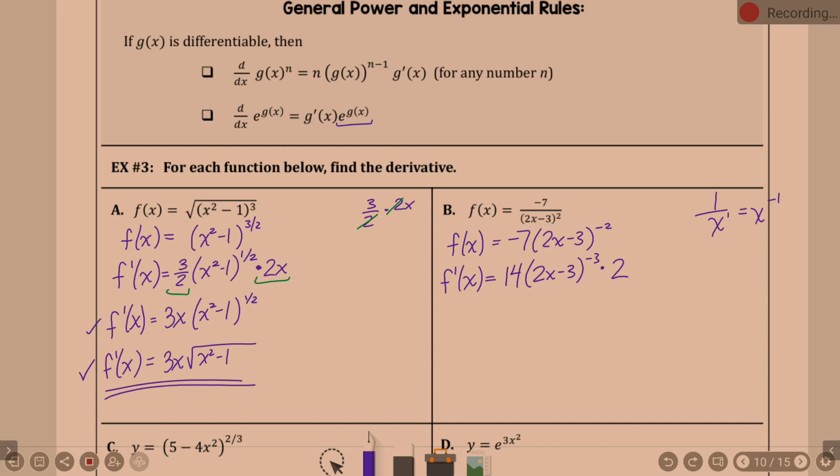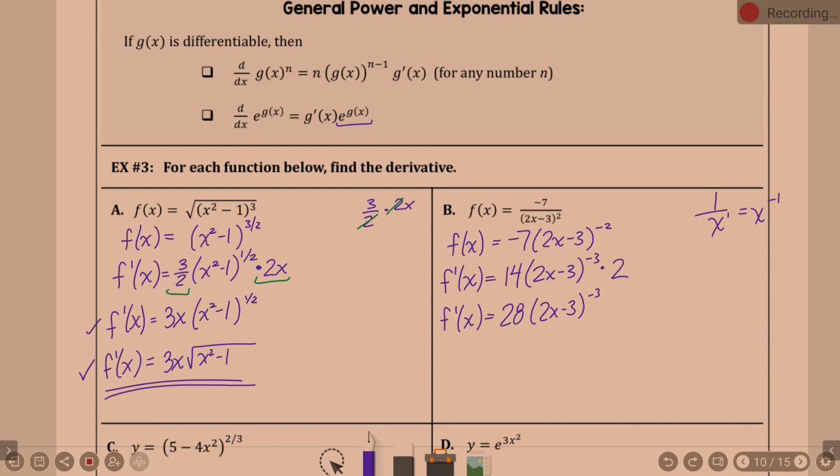You guys okay with that? It's just 28 times 2x minus 3. Oh, we still have the negative 3. So 2 times 14 would be 28 times 2x minus 3 to the negative 3rd.